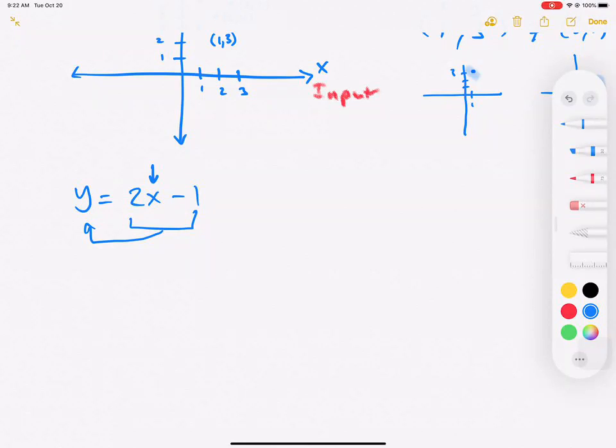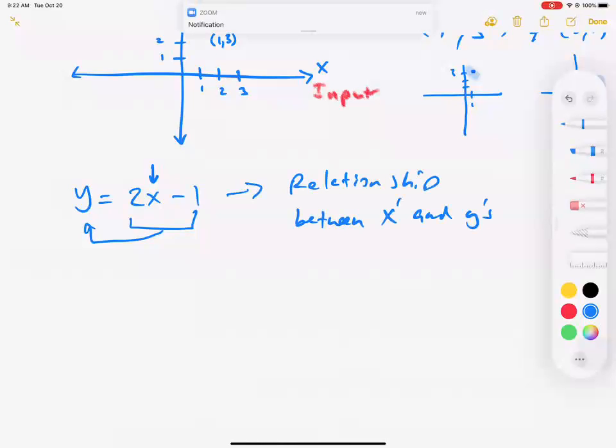So everything, there's a relationship. And that's another way of thinking about a function. A function is just a relationship between x's and y's. If I plug in so many x's, what happens? What y do I get out?